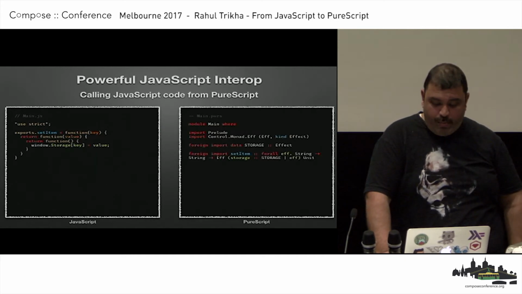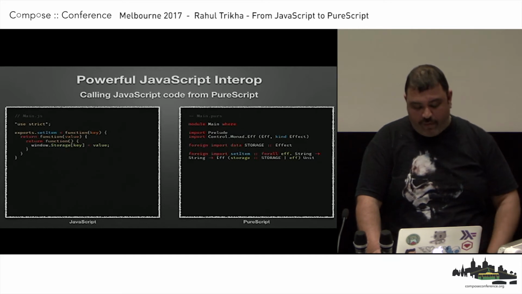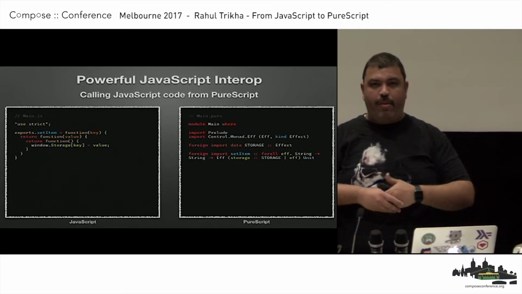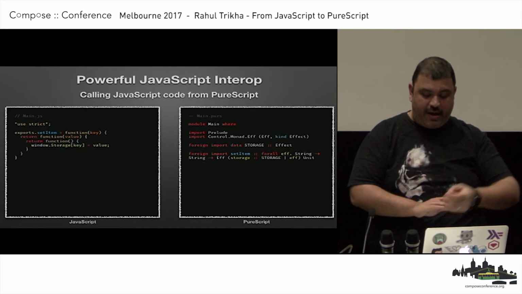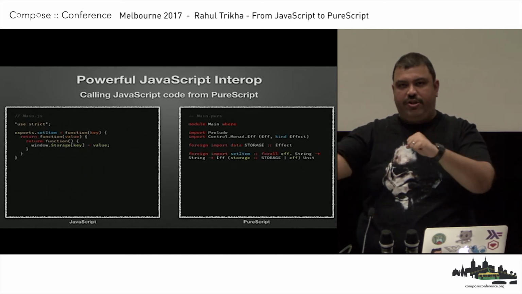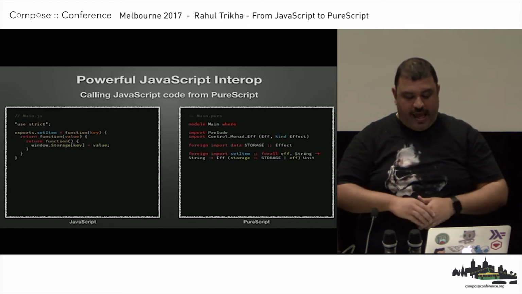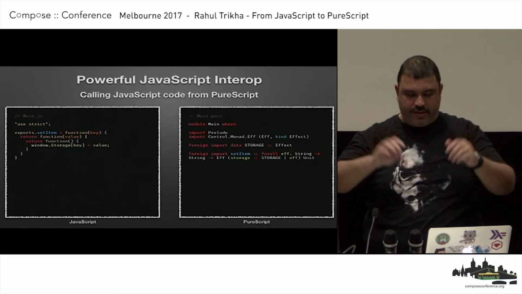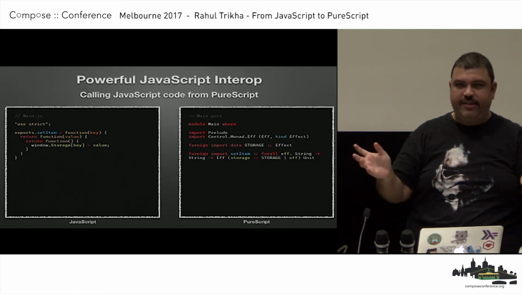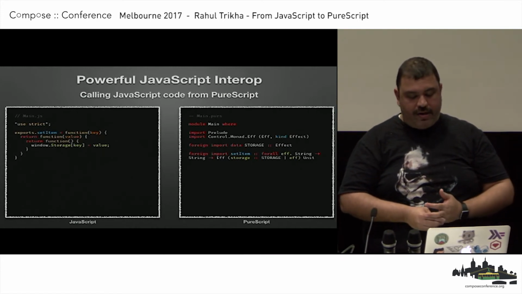So you can do that by introducing an effect. And what you can do is you can actually say, hey, I'm going to import this thing called set item. But this set item is going to take a string and then another string, which is the key and the value. And then it's going to perform an effect. And I'm not really sure what that effect's going to be, so I'm going to wrap this in a type, and the value of it is going to be a unit.